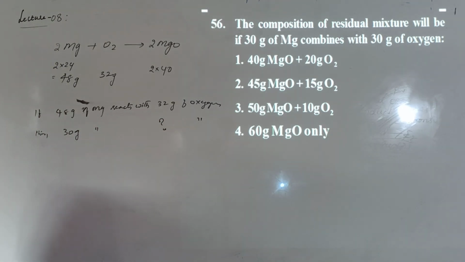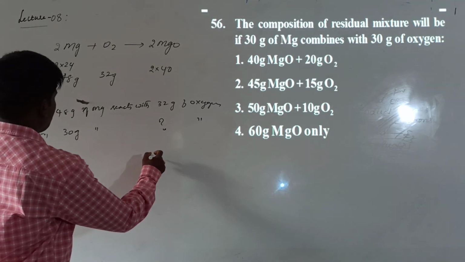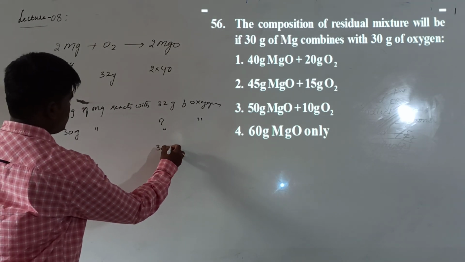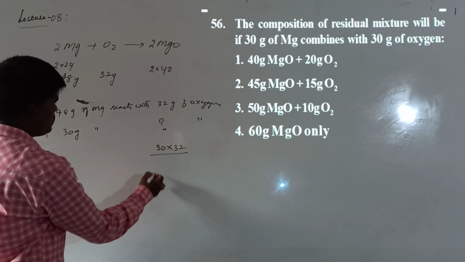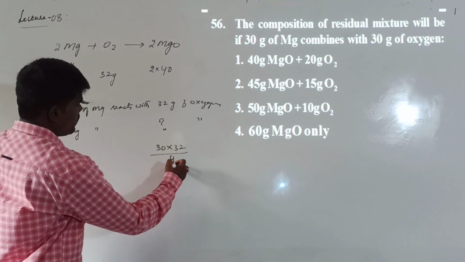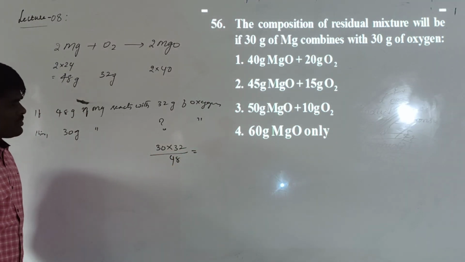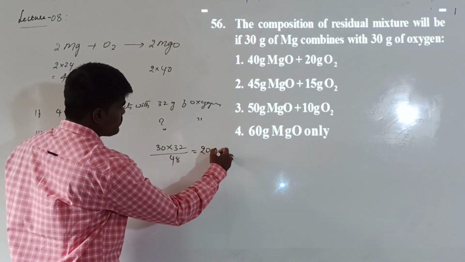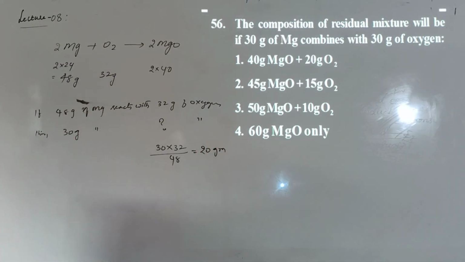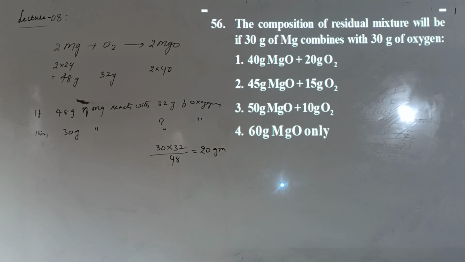Just a cross multiplication. 30 into 32 upon 48. If you solve this, it comes to be 20 grams. Only 20 grams of oxygen will combine with the 30 grams of magnesium.